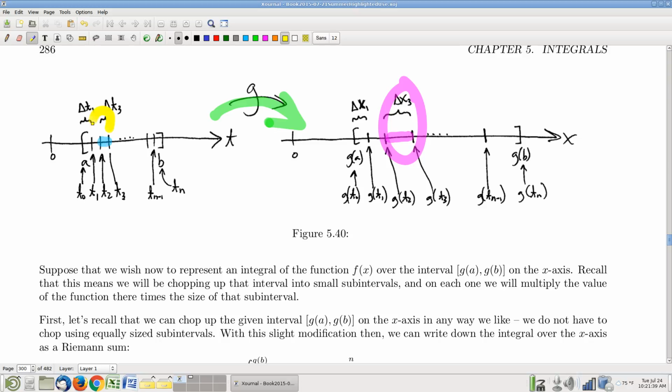I would like to know what can I do to this, what I could view as a change in the value of t. The width of that little subinterval is a change in the value of t. What do I multiply by a change in t to get the corresponding change in x? And g prime is that thing. Right? So from a point of view on derivatives, delta x is g prime times delta t.